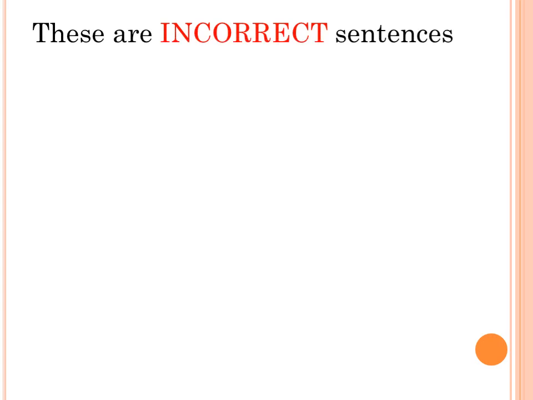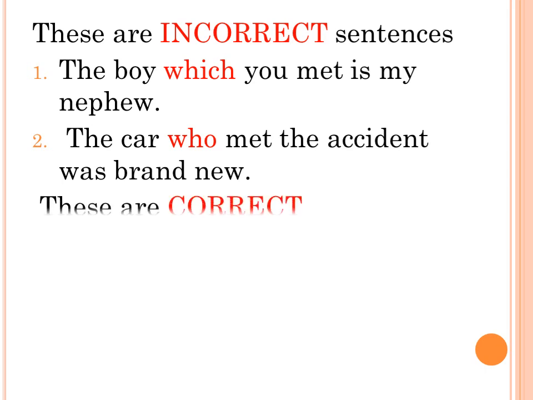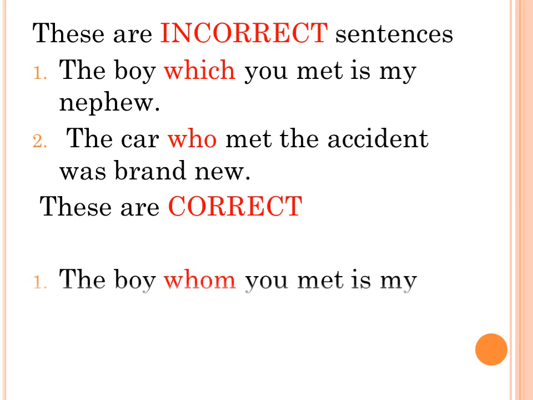Let's understand these rules with some examples. The boy which you met is my nephew. This is a wrong sentence because which cannot be used for people. Therefore, the correct sentence is: the boy whom you met is my nephew.